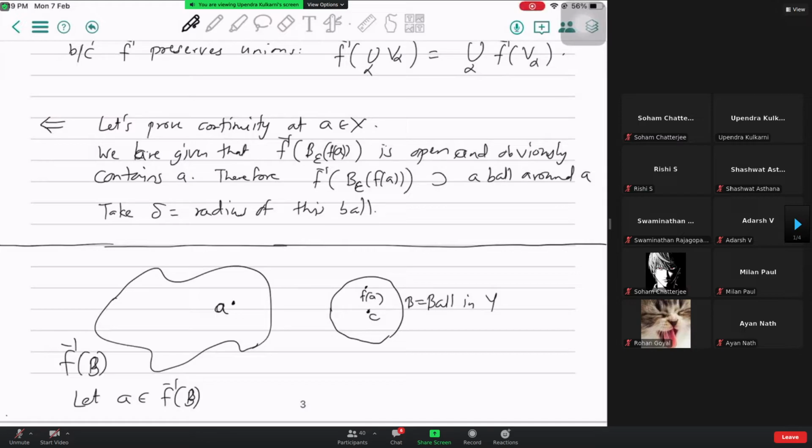Right? Yes, sir. If we take an open ball containing any element C, and we have an F of A in it, then as it is open, we can surround F of A by a ball. Exactly. And that is the point of this proof. But you see, everything that you said, I could have said for an arbitrary open set. I need not have taken a ball.